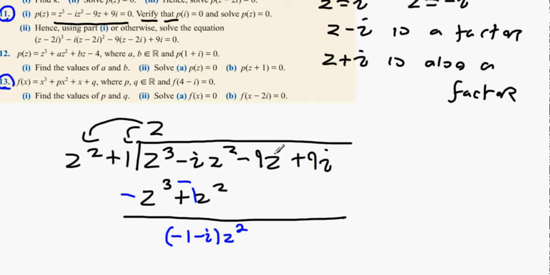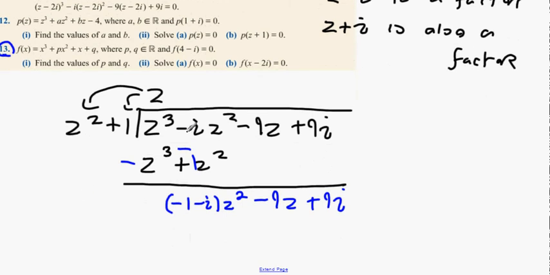Now the 9z, 9i can't be grouped together, sorry, my bad. Minus 9z plus 9i. So that is minus 1 minus i z squared minus 9z plus 9i.